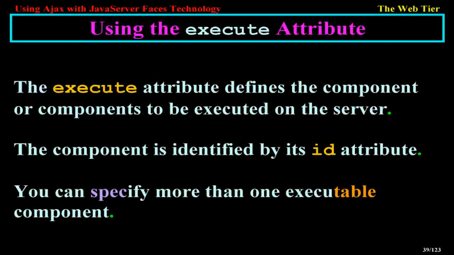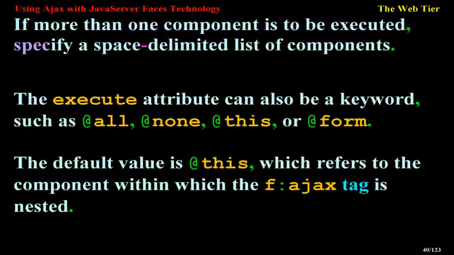Using the execute attribute. The execute attribute defines the component or components to be executed on the server. The component is identified by its id attribute. You can specify more than one executable component. If more than one component is to be executed, specify a space-delimited list of components.